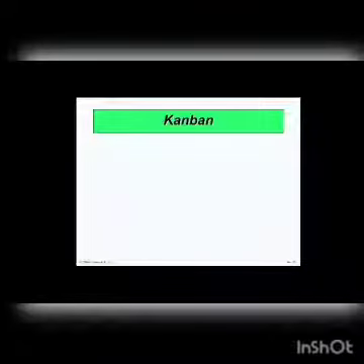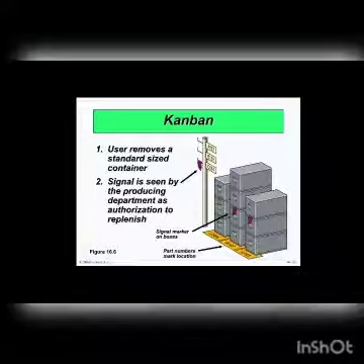Kanban system. Kanban system is nothing but a signal or a card system that communicates the usage of inventory between two units, let us say, between the manufacturing and the assembly departments. You can see that Kanban containers are stocked here.